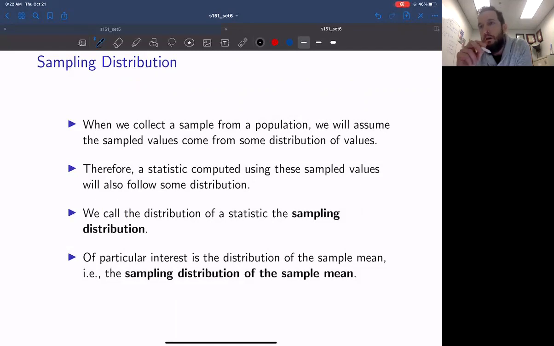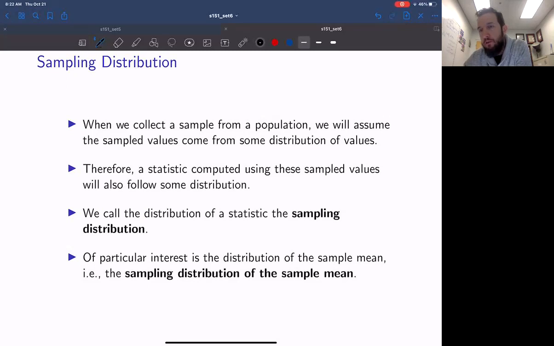You might recall that our descriptions of distributions are based off of symmetry or skewness and modality. Those were the two key descriptive terms that we were using to describe the distribution of a data set.